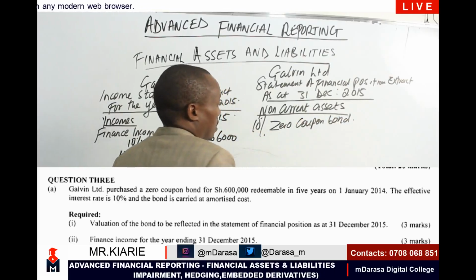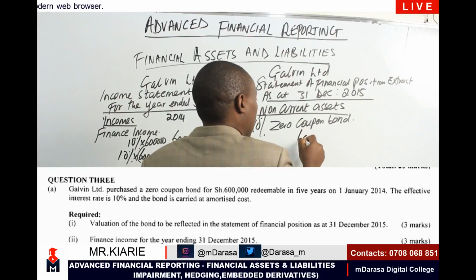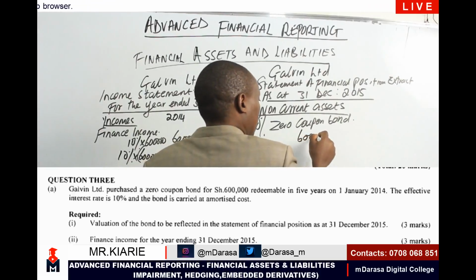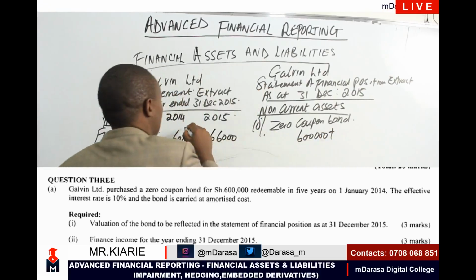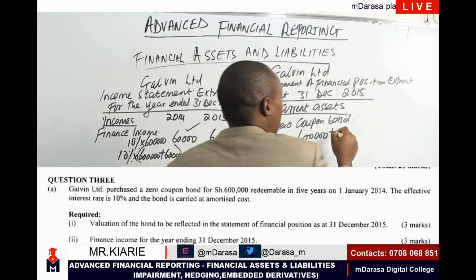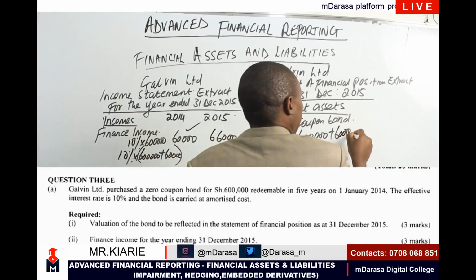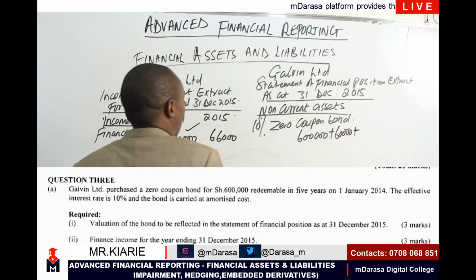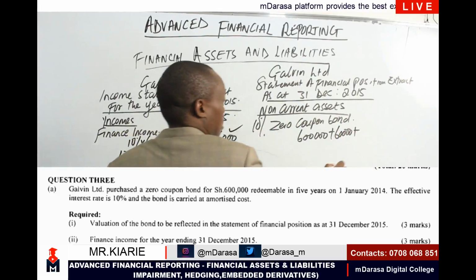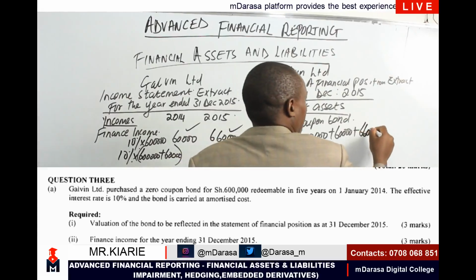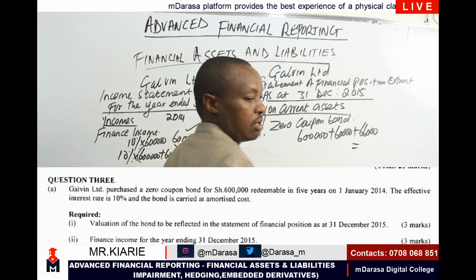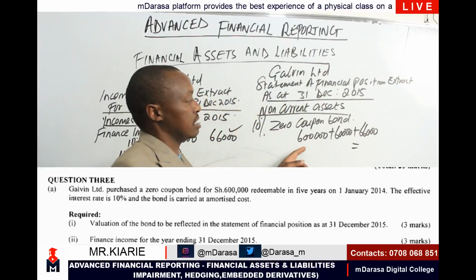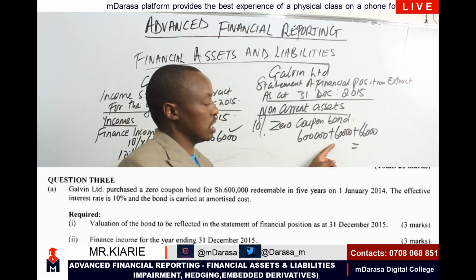So it will be 600,000, which was the original value, plus interest of the first year, 2014, which was 60,000, plus interest of 2015, which was 66,000. This gives me a total of 660,000 by the end of 2014.